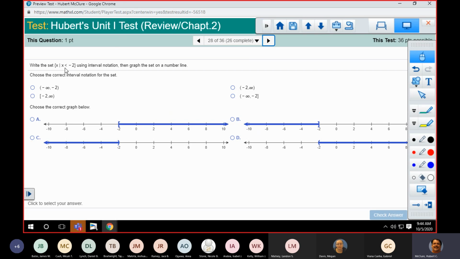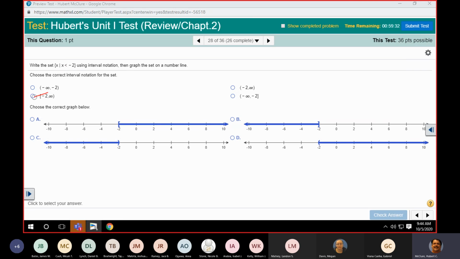Which one is x is less than -2? Well, I'm going to take out, let's see, that's less than, so a bracket won't work. So which one is it? Well, less means left, so it's A, it's this one, not that one, because that's to the right.